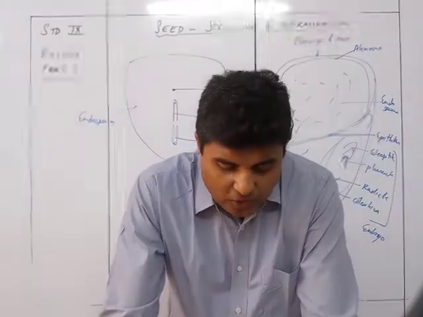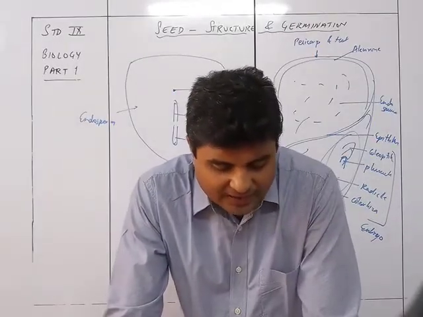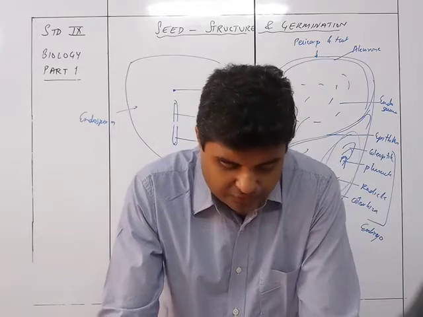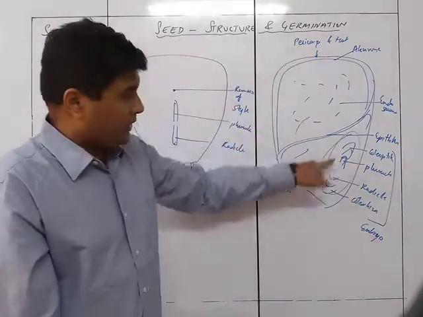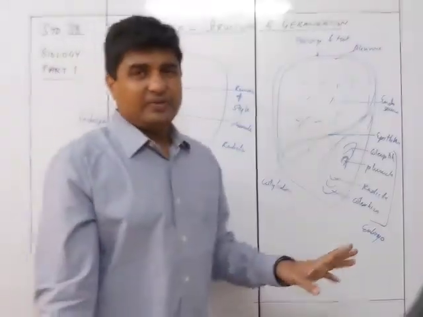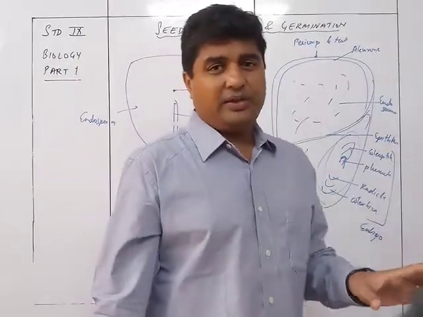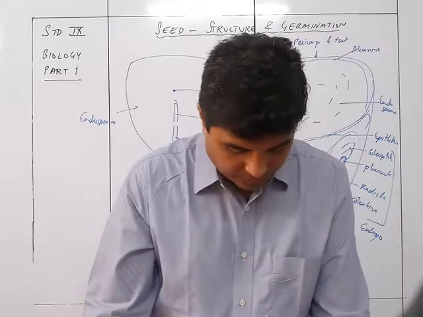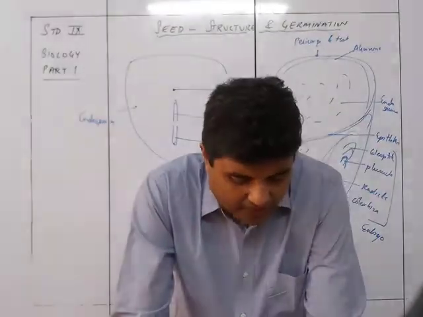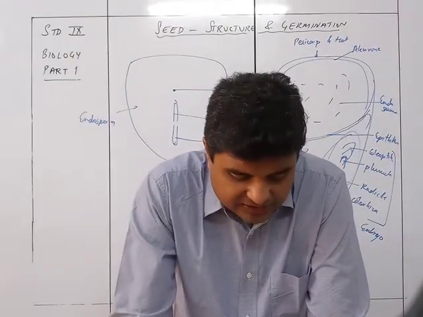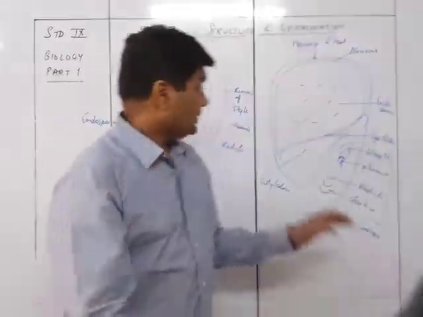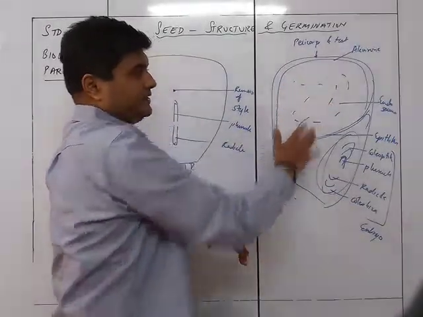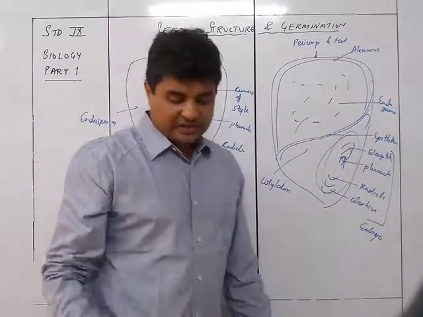On one side of the grain occurs a small light colored oval scar which marks the location of the embryo inside. So this particular light colored part over here is the one which has got the embryo inside. The remaining major part of the grain consists of large endosperm which is rich in starch.